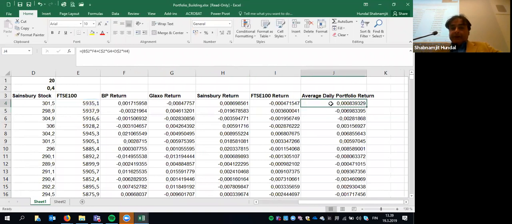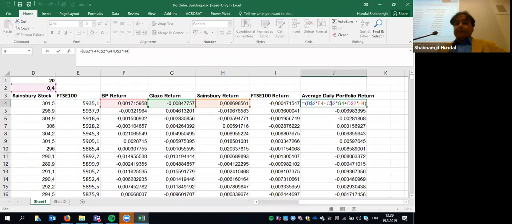And then this is a little bit tricky, you have to be careful. What I do here is I have a portfolio, and the portfolio includes 3 companies. Remember 3 companies? BP, GlaxoSmithKline and Sainsbury. You can see here B$2. If you don't know what B$2 is, I can show you.